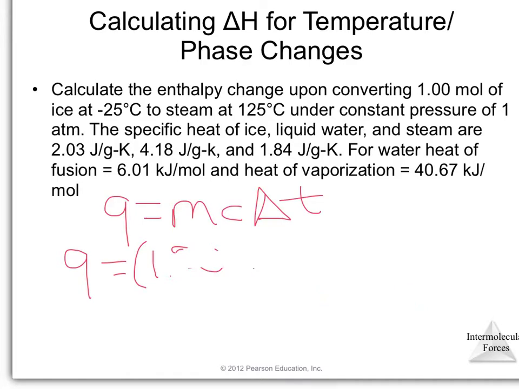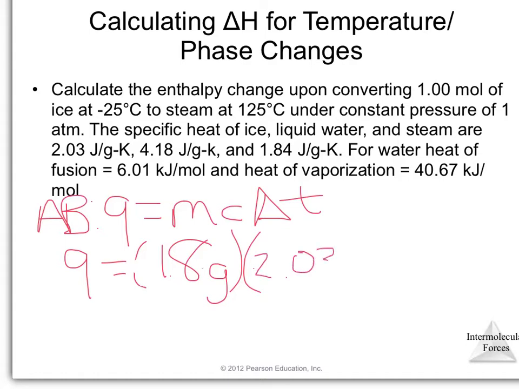Now we know that when we're talking about mass, we need grams, and that was 18, and we found that by using molar mass. So we have 18 grams, and this is in the solid state. So actually, we're finding this for segment AB. At segment AB, it's ice, it's solid, and C, the specific heat of ice, is 2.03 joules per gram Kelvin.